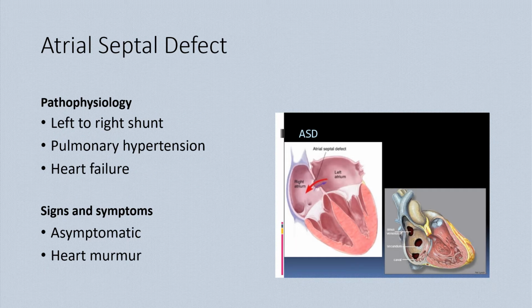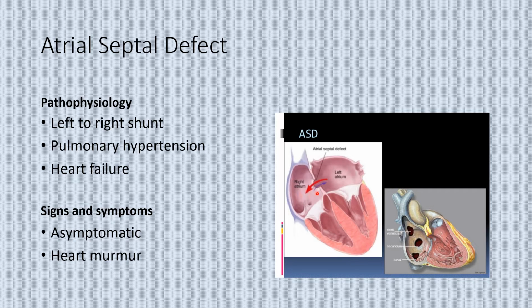The first defect is atrial septal defect. To understand the atrial septal defect, you have to recall the embryology. There is a septum between the two atria, and in this septum there is a foramen, which is called foramen ovale. It closes spontaneously at birth, but if some part of the foramen ovale remains patent, it is called atrial septal defect.